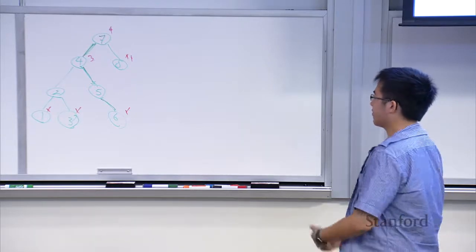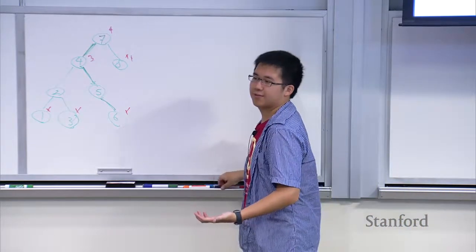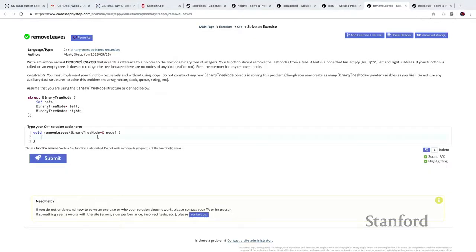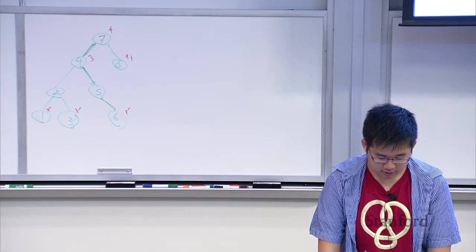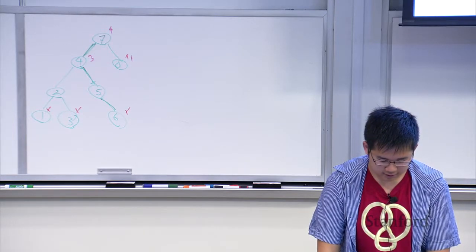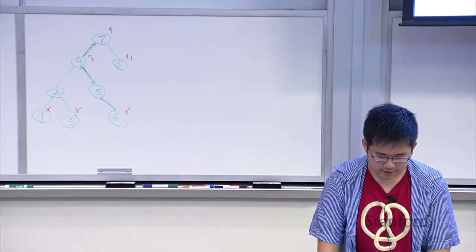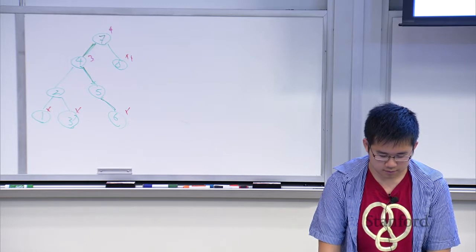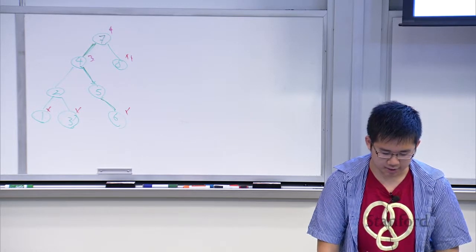How can we identify if we're at a leaf? Sure. Okay. We are at a leaf if the left pointer is nullptr and the right pointer is nullptr. Okay. So that is how we know we're at a leaf.